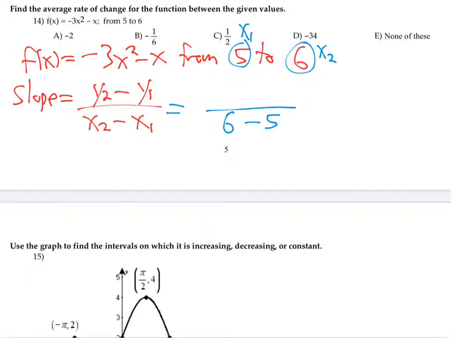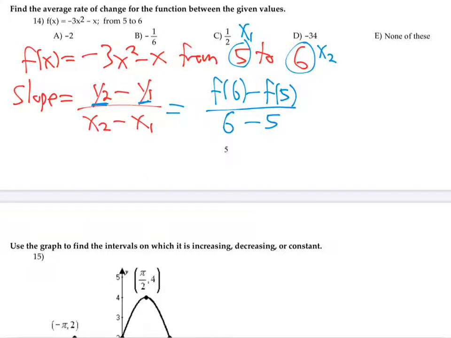And then what do we do on the top? F of those, meaning f of 6 minus f of 5, because that's what y values mean. Remember, y values are function values, aren't they? We're seeing that theme a lot. Y values are function values. So it's f of 6 minus f of 5.